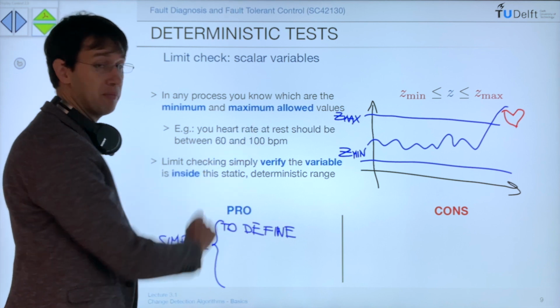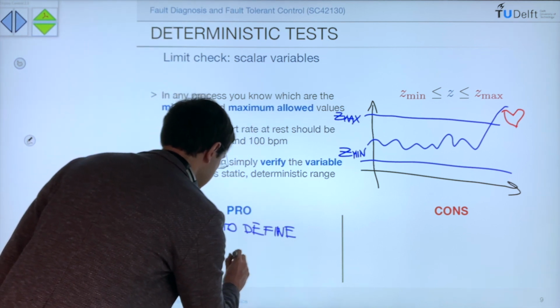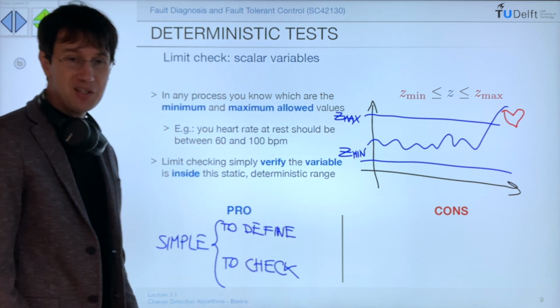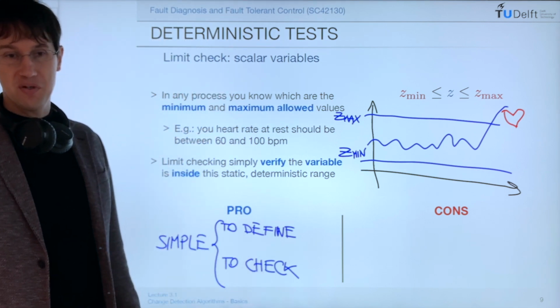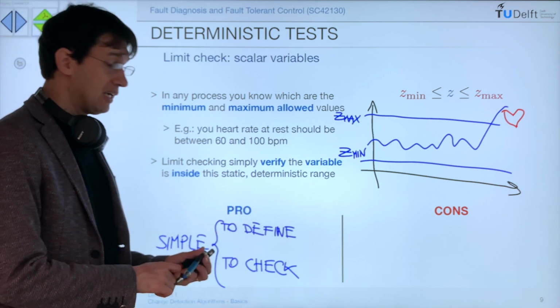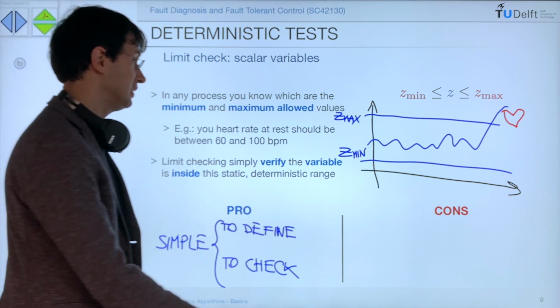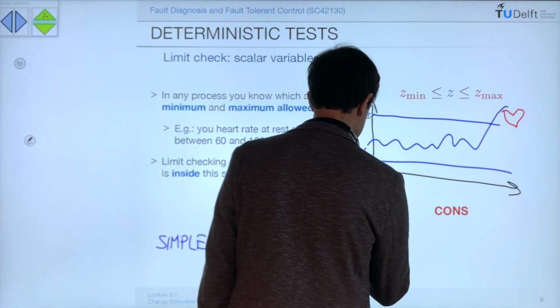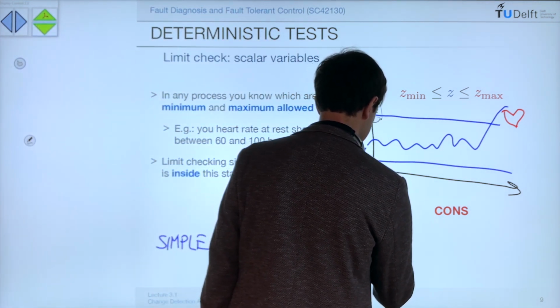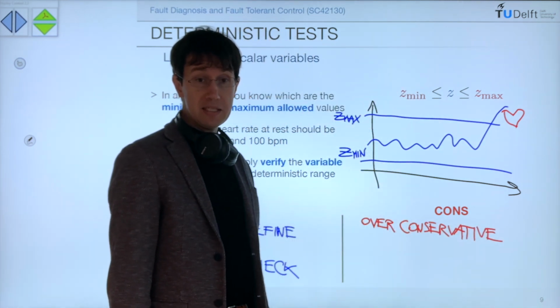It is just two numbers. And it is simple to check, because indeed, you just take the instantaneous value of z and you compare if it is in the range or not. The disadvantage is, as you can imagine, first, it is over-conservative. And the second, it works only in steady state.